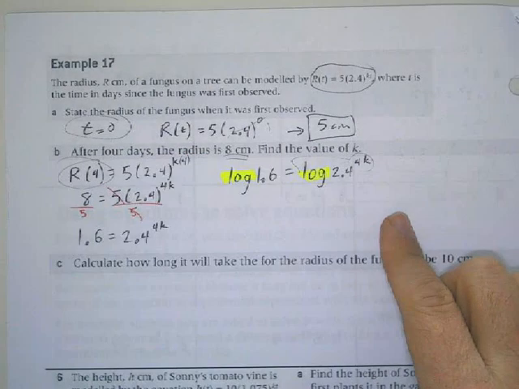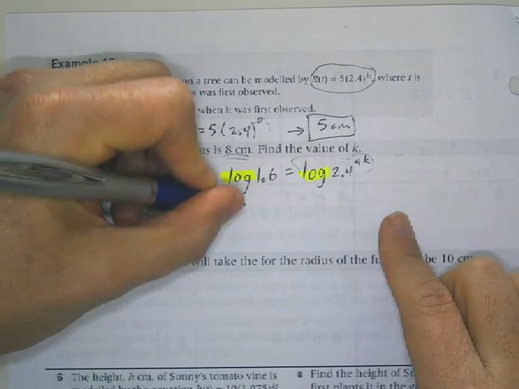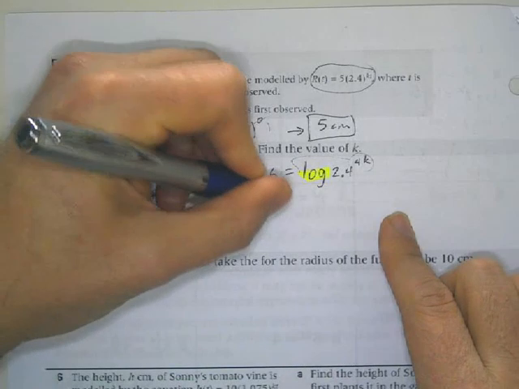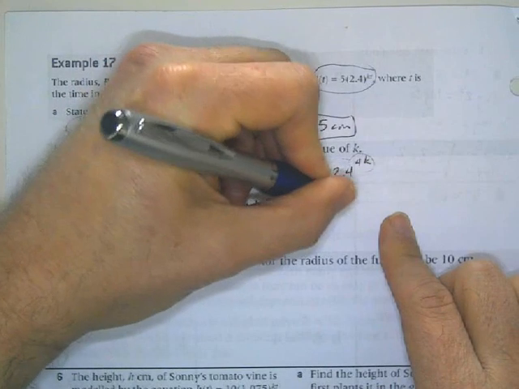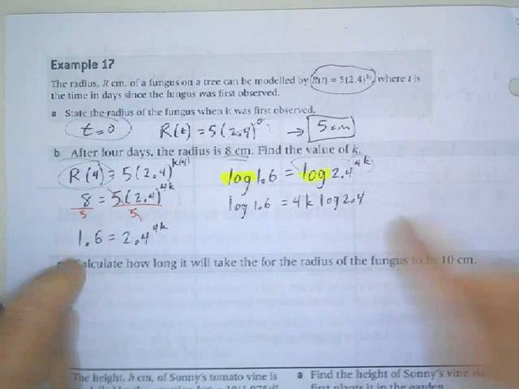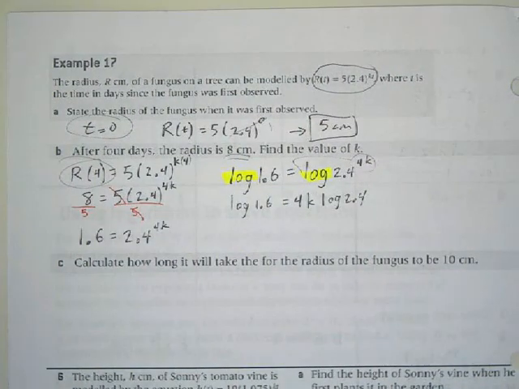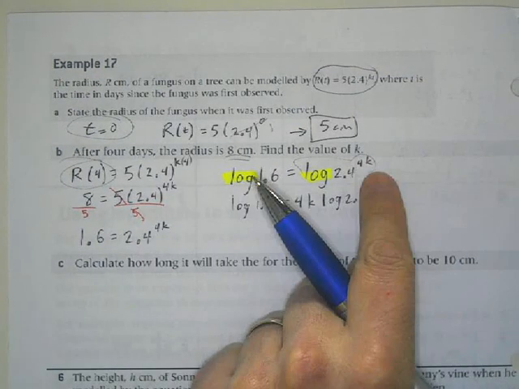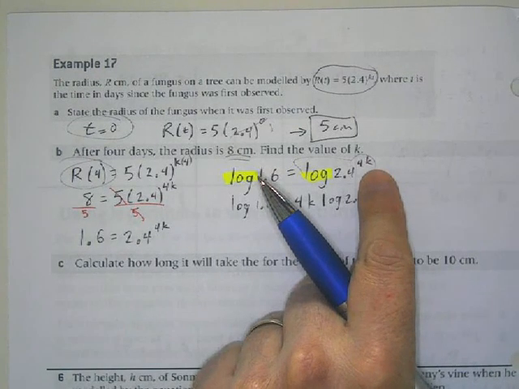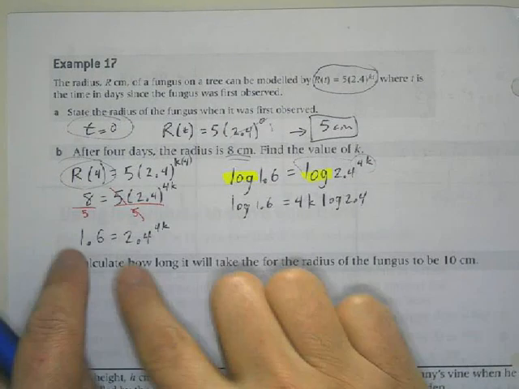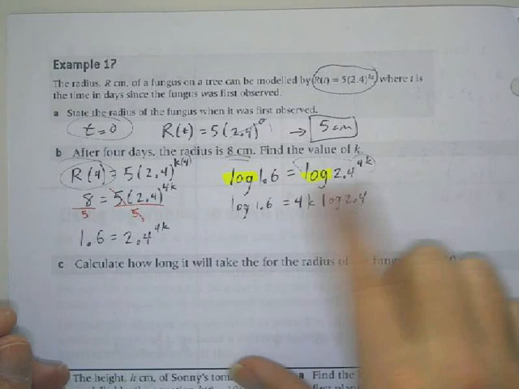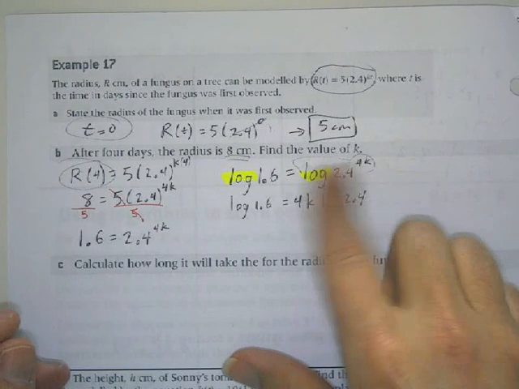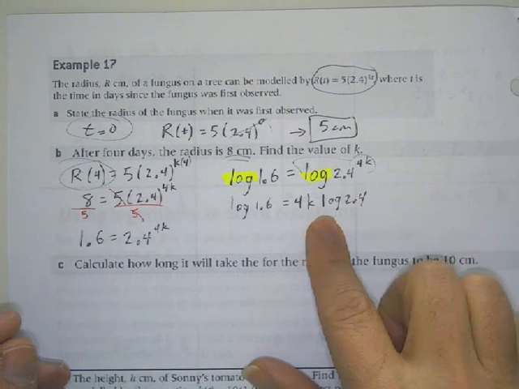So now I've got log of 1.6 equals 4k log of 2.4. And remember what I said at the beginning of this video: when you're solving for the exponent, here we're solving for k, that's why you change things to log, so that we're using the power rule to bring the exponent to the front, and then now we can solve for k.